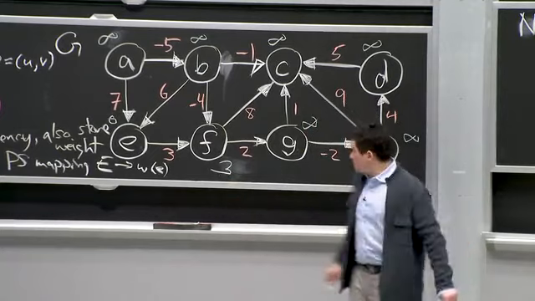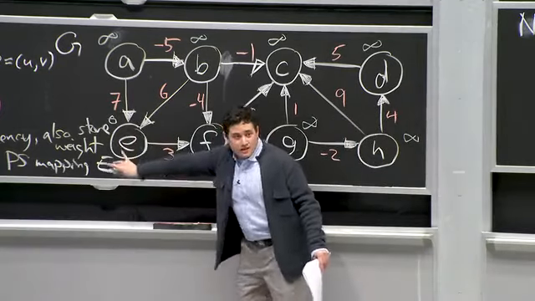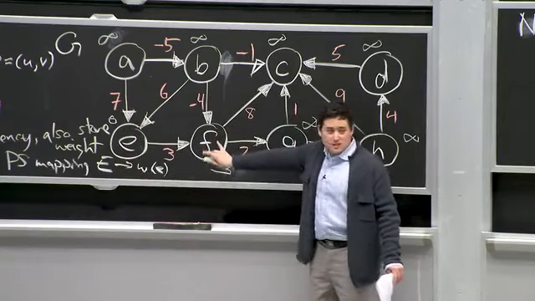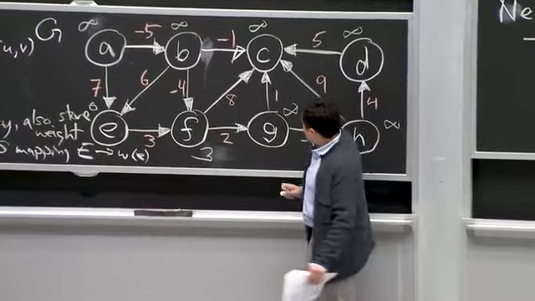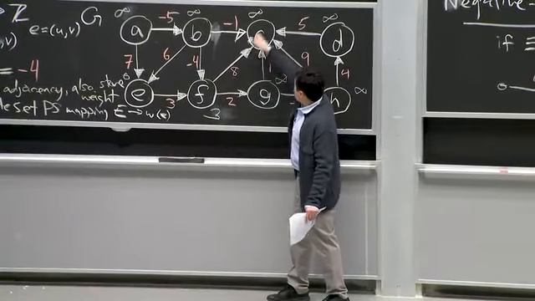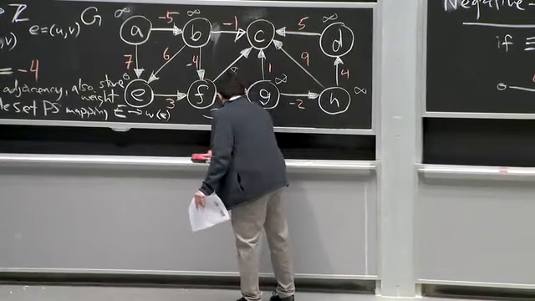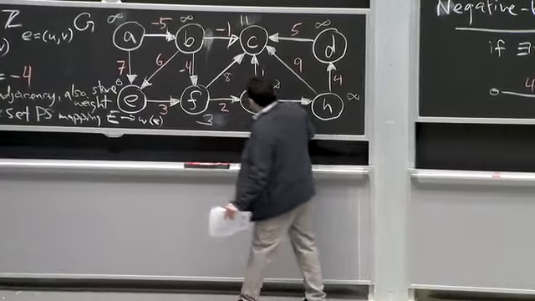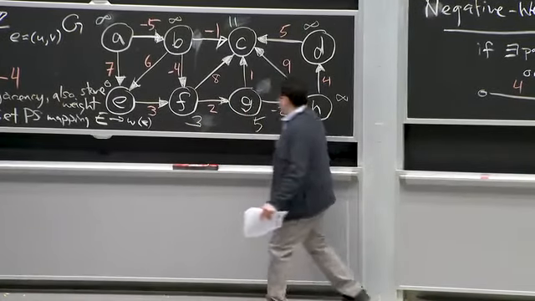Okay, I'm done with this guy. I move to the next vertex in my topological order, and again I relax edges out of F. Looking at 8, 3 plus 8 is better than infinite, so we'll say that's 11. And 3 plus 2 is better than infinite, so that's 5.